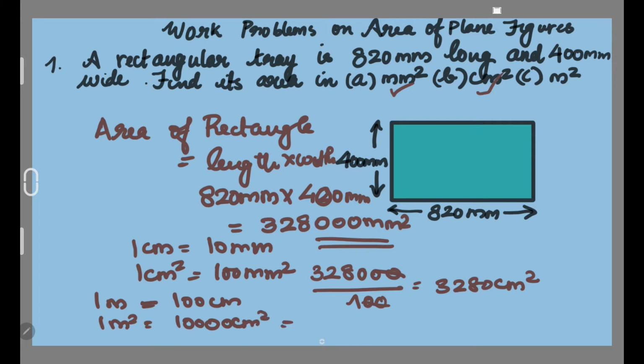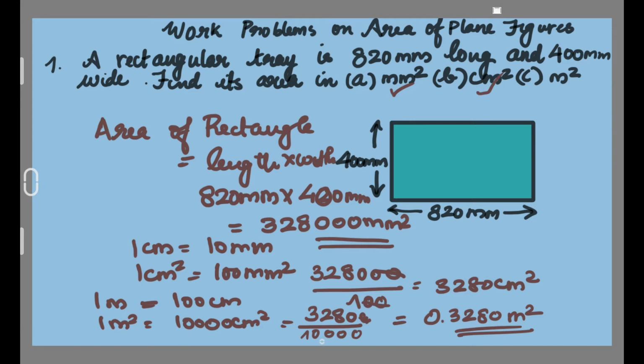So to convert in terms of meter square, you can take this centimeter square value and divide it by 10,000. So 0.3280 meter square is the value in terms of meter square for the rectangular tray. So that's all for the first question.